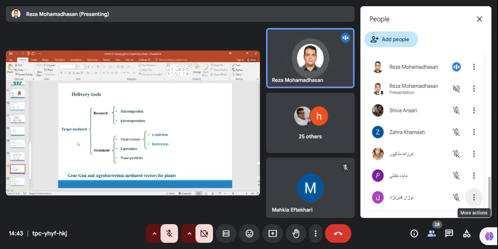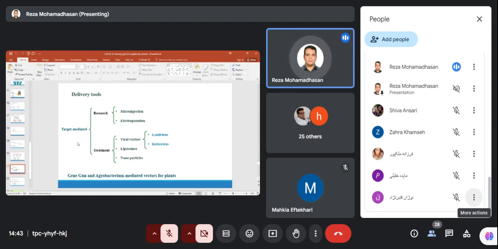Liposomes and nanoparticles could be more effective because when you use the virus, maybe you face an immune response, the response that the immune system can show against viruses.